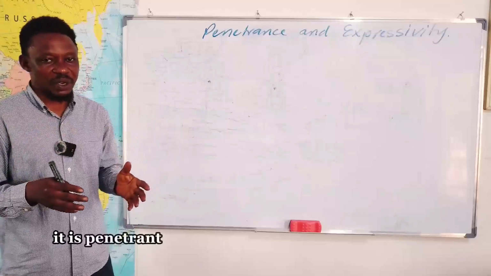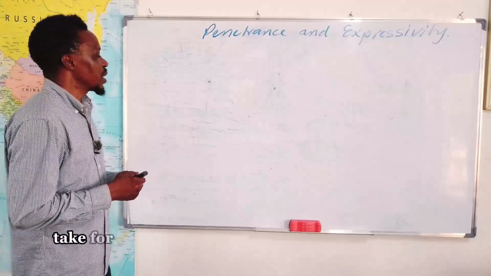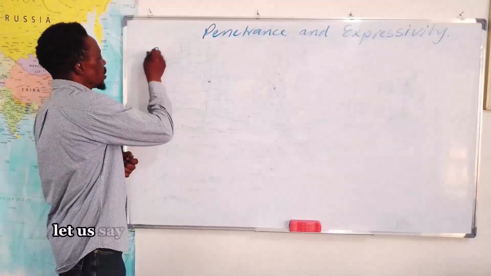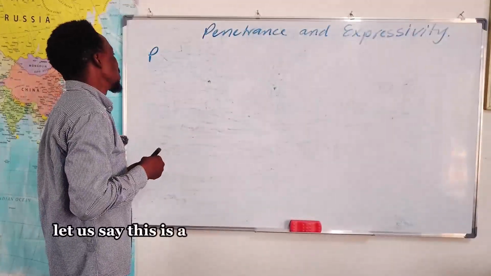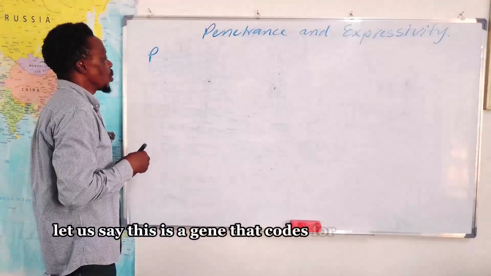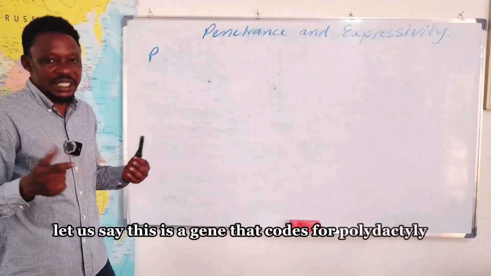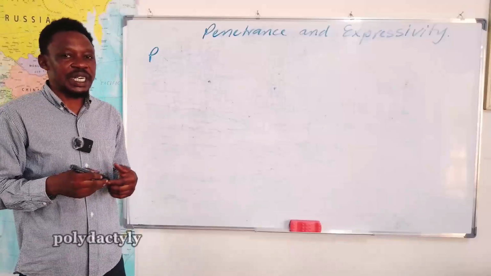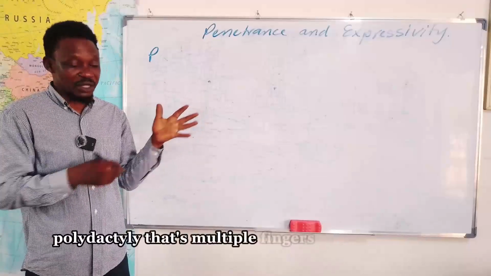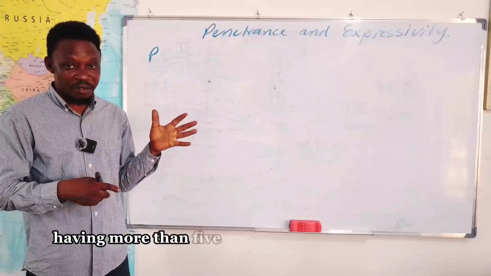Take for example, let us say this is a gene that codes for polydactyly in humans. Polydactyly, that's multiple fingers, having more than 5.